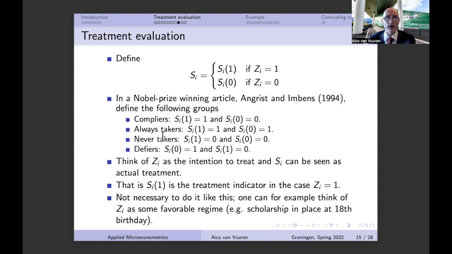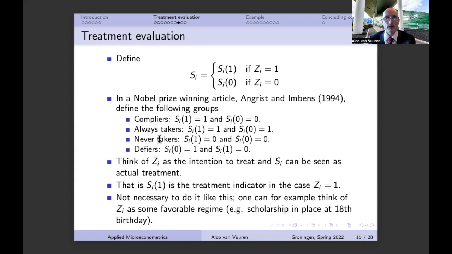Apart from the compliers, we also have the always takers, and always takers are individuals that will always be treated. So that implies that their Si1 is equal to 1 and their Si0 is also equal to 1. So they are always being treated no matter what the outcome of Z is going to be.